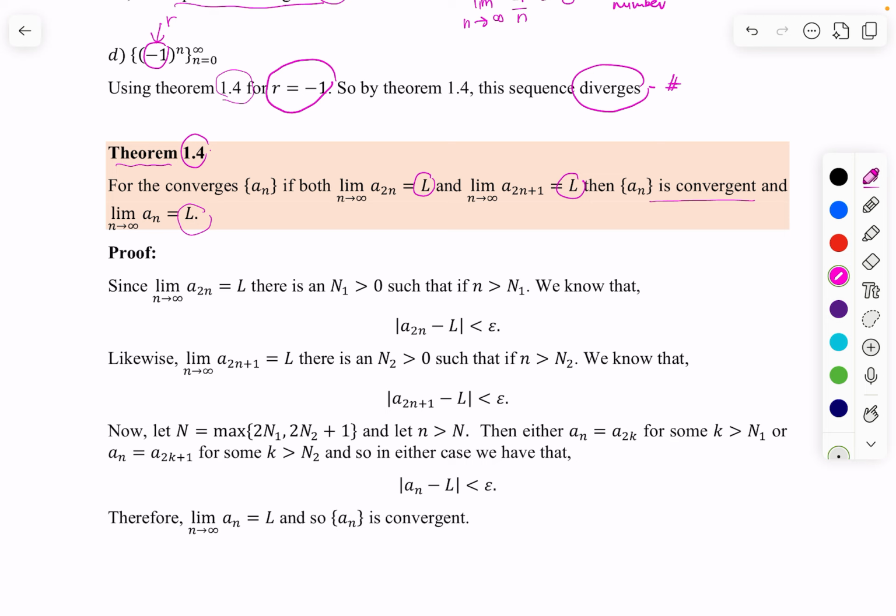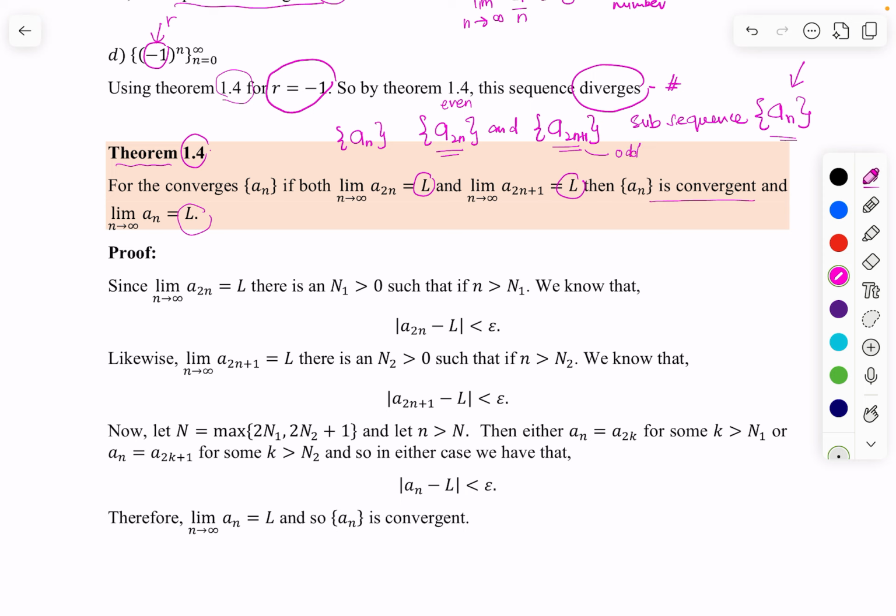You should know that we have the general sequence a_n, and the sequence a_{2n} and the sequence a_{2n+1}. These are subsequences of a_n. Somehow a_{2n} and a_{2n+1} are inside this big sequence a_n. So a_{2n} is for the even terms and a_{2n+1} is for the odd terms.